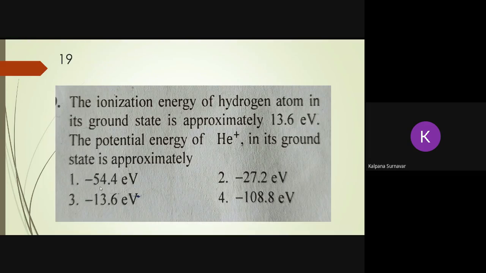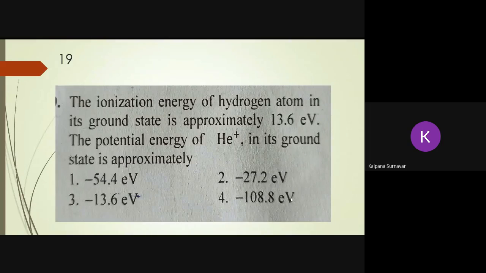Options are given here: minus 54.4 electron volt. Second option is minus 27.2 electron volt. Third option is minus 13.6 electron volt. And the fourth option is minus 108.8 electron volt. These are the options.